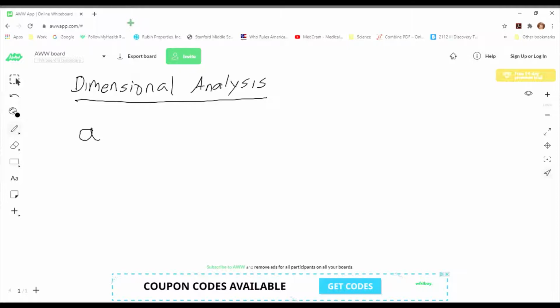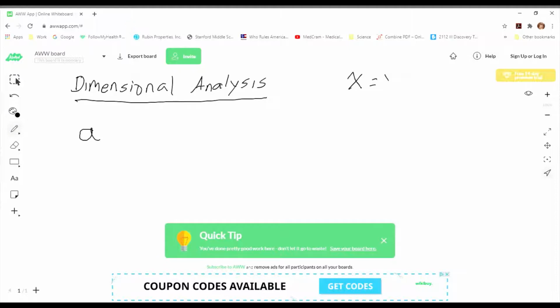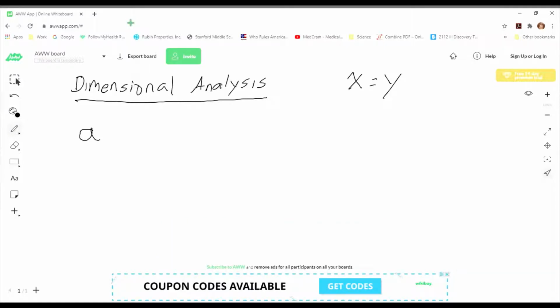So 2 feet would be 2 times 12 or 24 inches. Right? So let's say you knew that the values x and y were the same. X equals y. We can use this equality in order to create what's called a conversion factor.